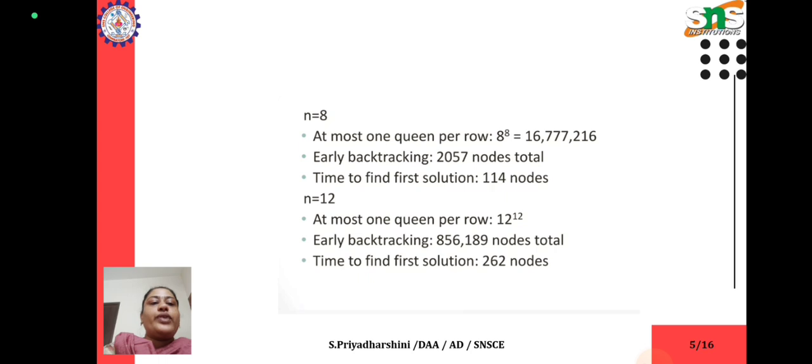Suppose n is equal to 8, at most one queen per row, which is 8 power 8, will again be in millions. Early backtracking will take about 2057 nodes in total, and the time to find the first solution is 114 nodes. When n is equal to 12, this will be 12 power 12. Early backtracking itself will take about 856,189 nodes in total. The time to find the first solution will be about 262 nodes after backtracking.